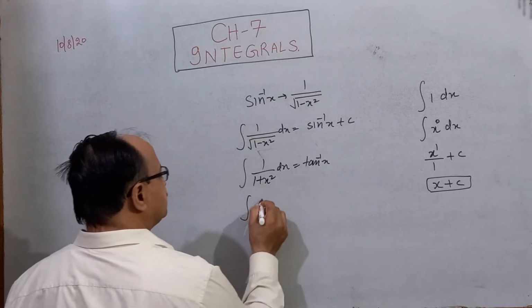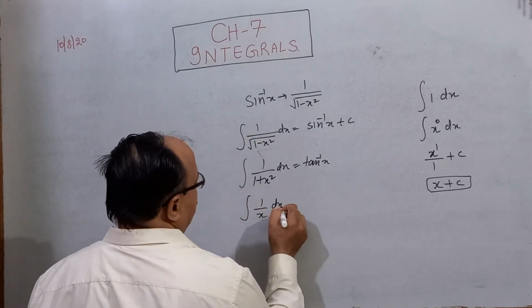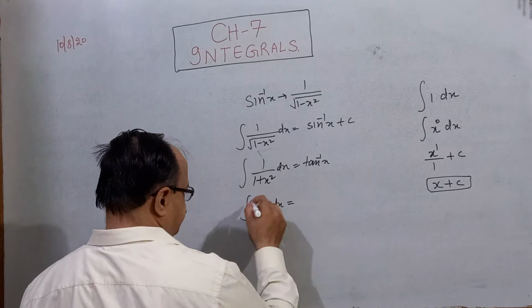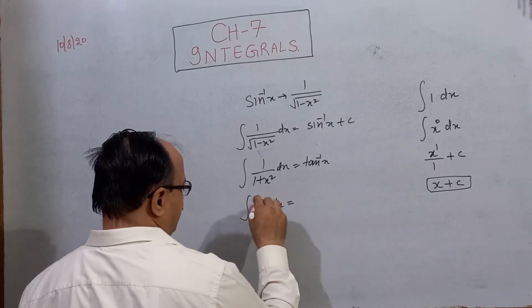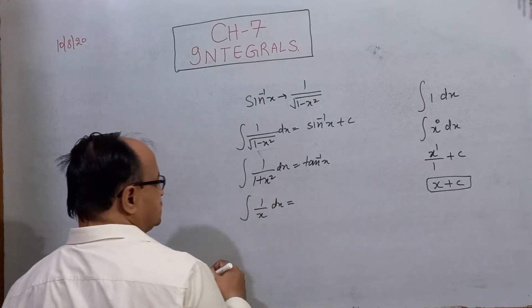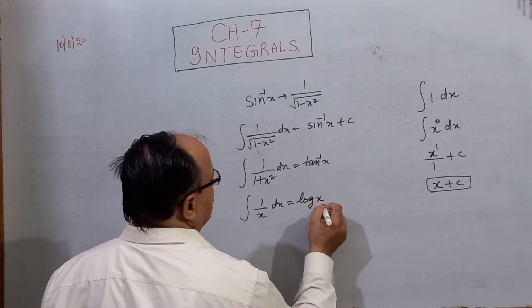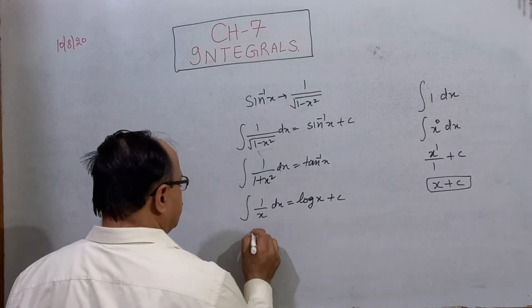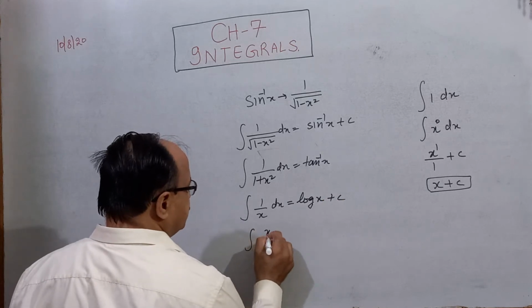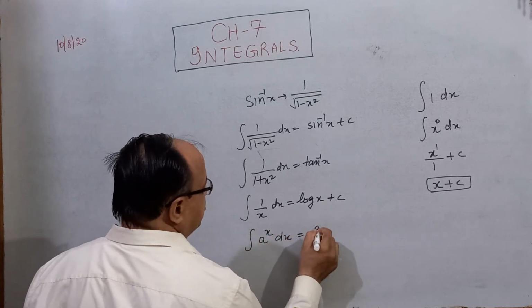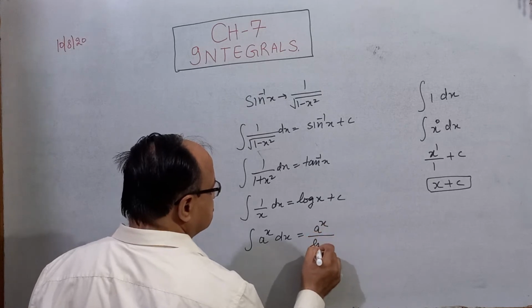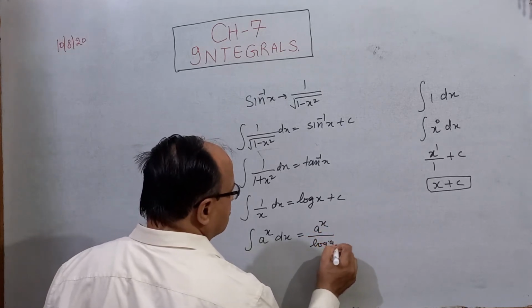Then the integration of 1 by x. Now check in your mind, 1 by x is the derivative of which function? That is log x. And the integration of a to the power x dx is a to the power x upon log a plus c.